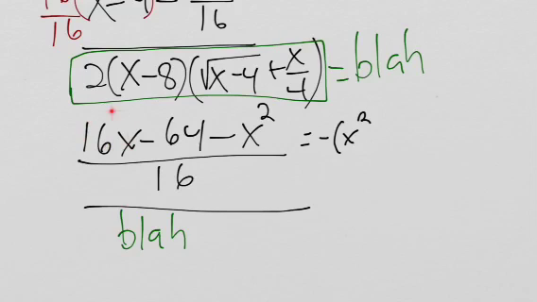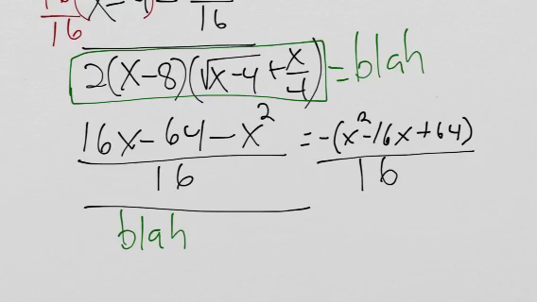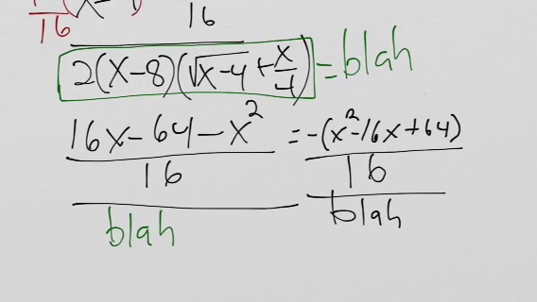Okay, 16x was positive, so that's going to be negative now. And 64 was negative, so that's going to be positive. Sweet. That's over 16, over blah.